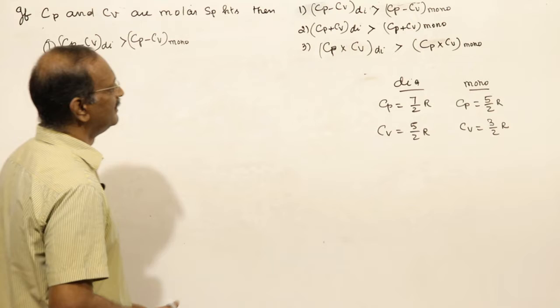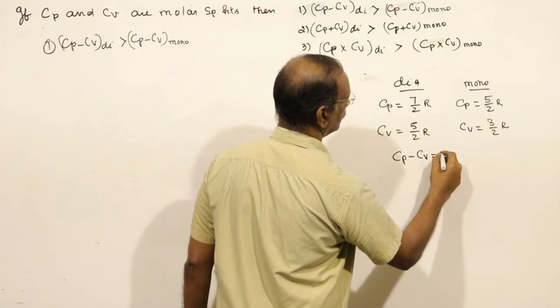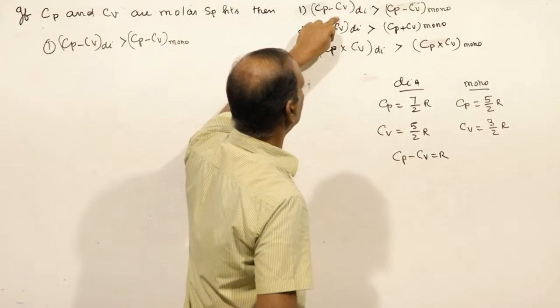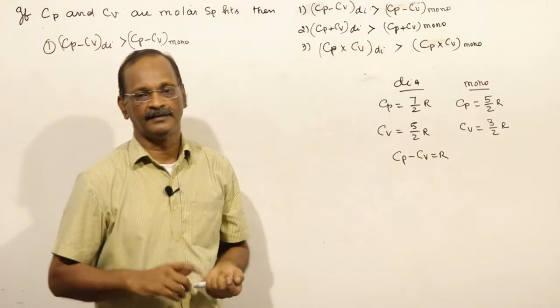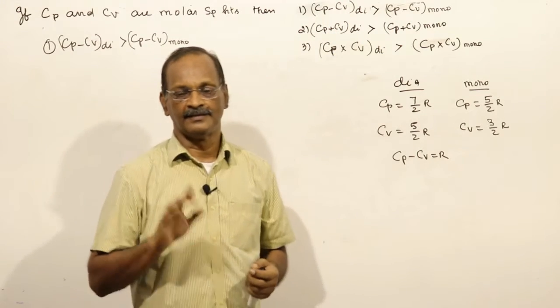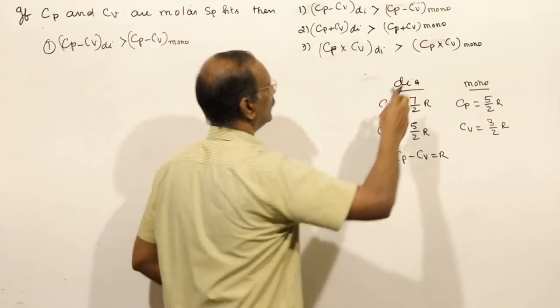We know Cp minus Cv is equal to R. So this is also equal to R, and this also equals R. R cannot be greater than R, because R is common for any gas. Cp minus Cv means only R, no other value. So the first is wrong.